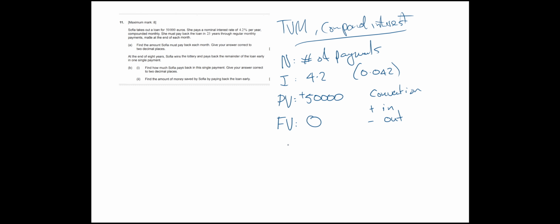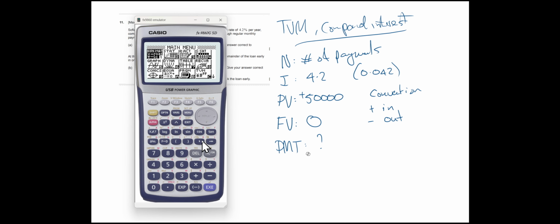So the next thing is going to be payments. That's basically how much we pay, and we don't know that, and that's actually what we want to work out. Let's bring the calculator up so you can see.